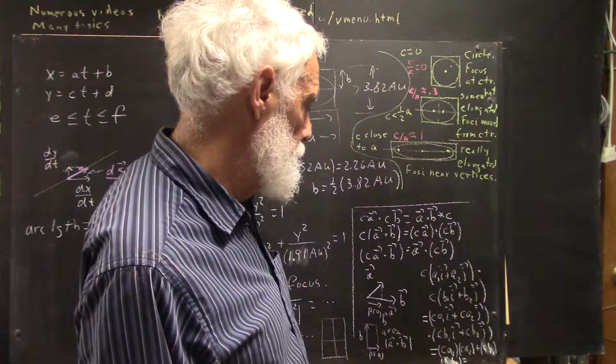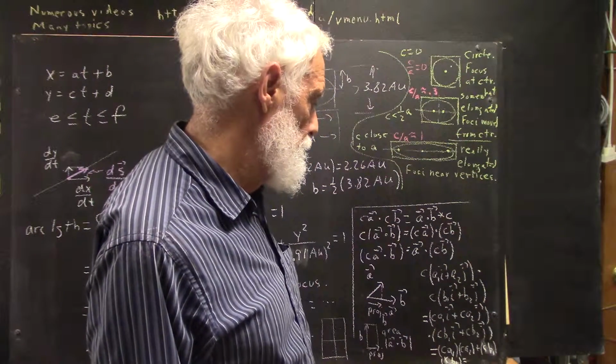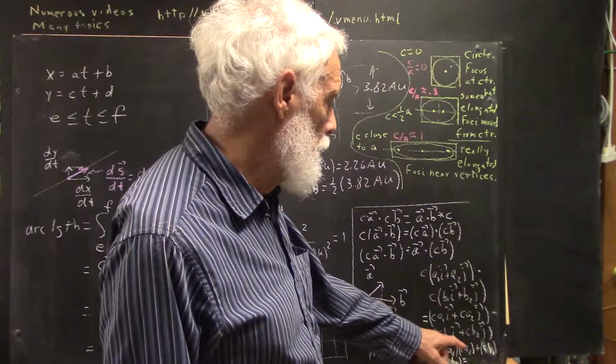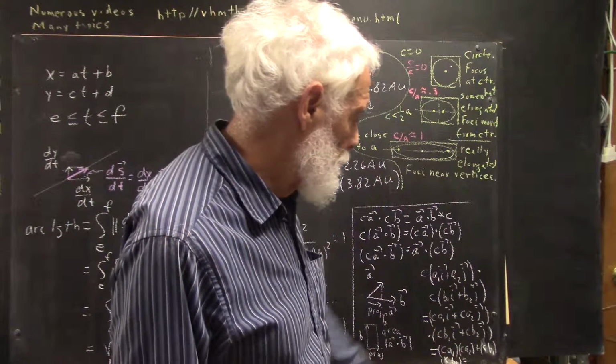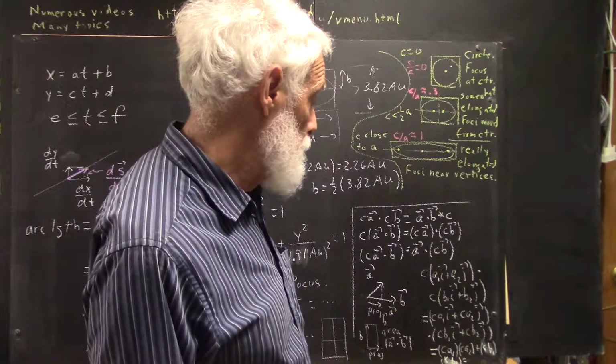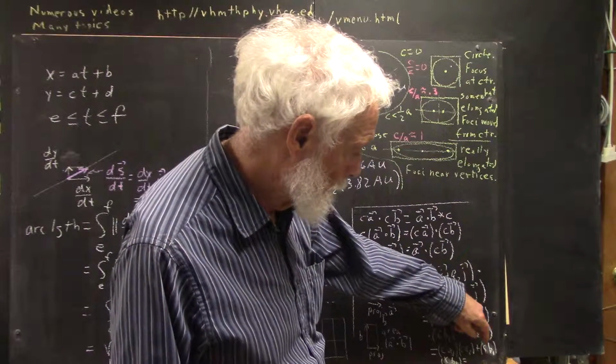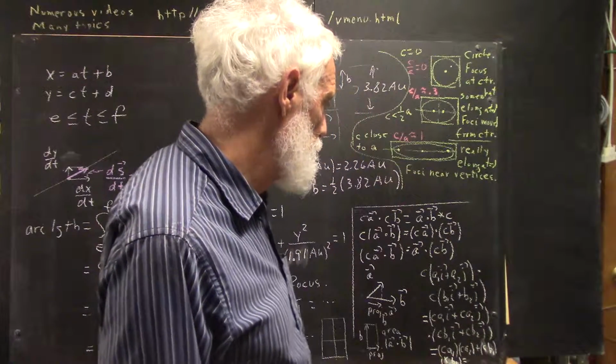When we do that, it gets a little bit sloppy down there. We get CA1 times CA2 plus CB1 times CB2. And what's that going to equal? Well, that's going to equal C squared times A1, A2 plus C squared times B1, B2.